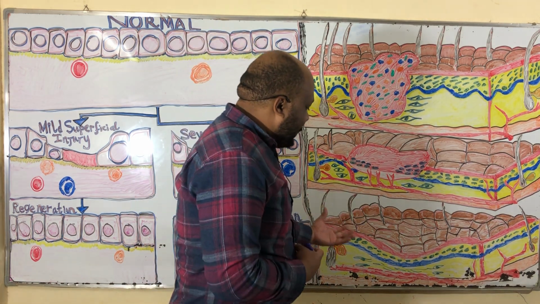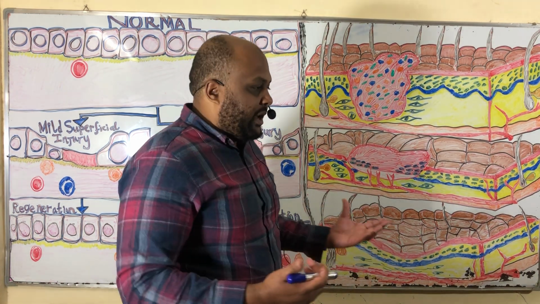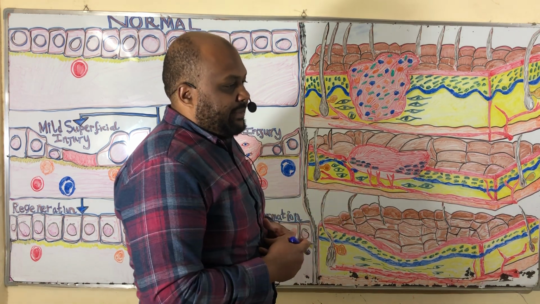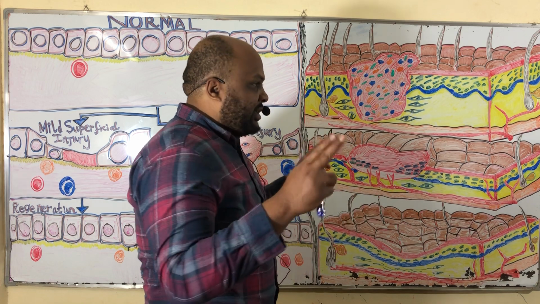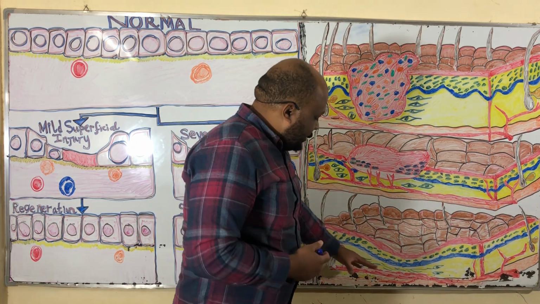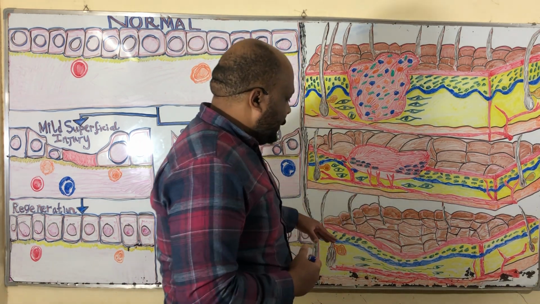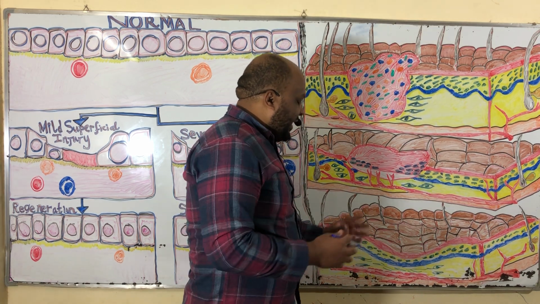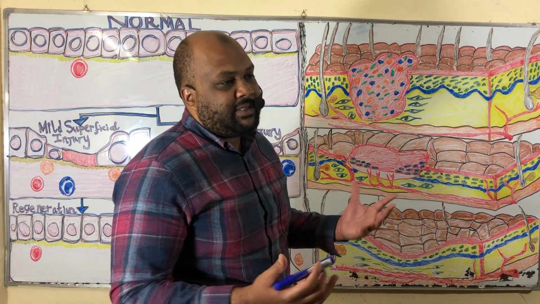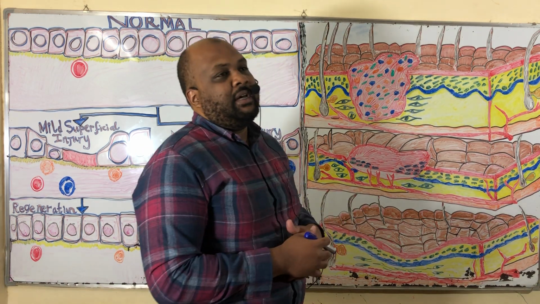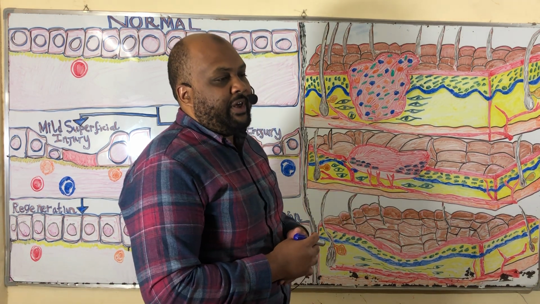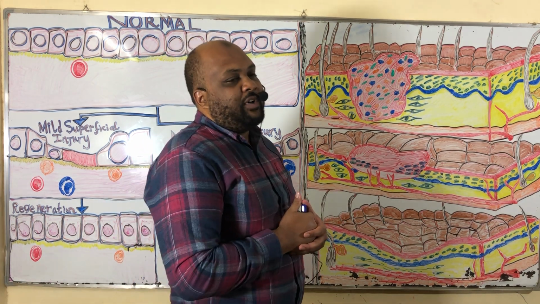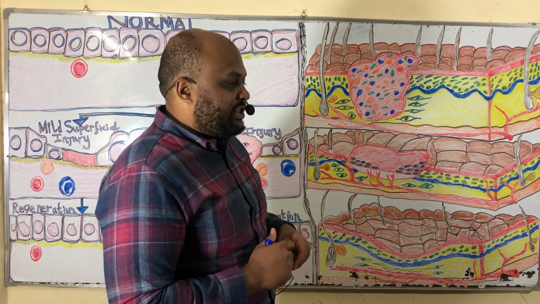In the end we will have remodeling, where enzymes like metalloproteases would come and degrade the connective tissue in the underlying layer, and replace the collagen type 3 with a more tensile and more resilient type of collagen, which is collagen type 1.